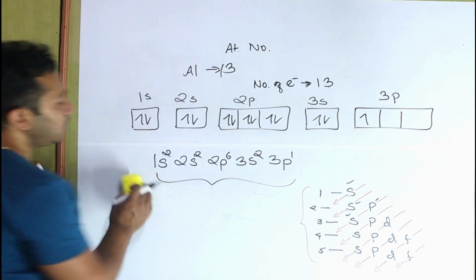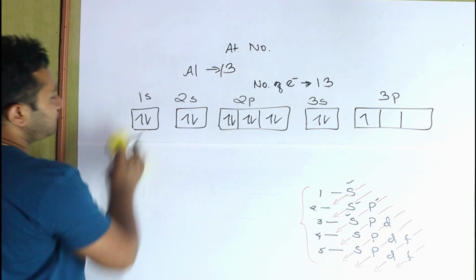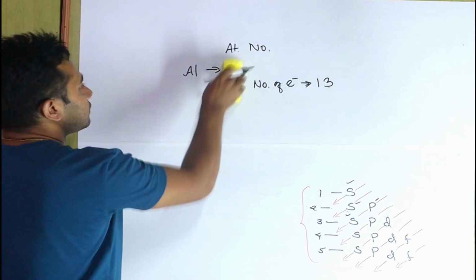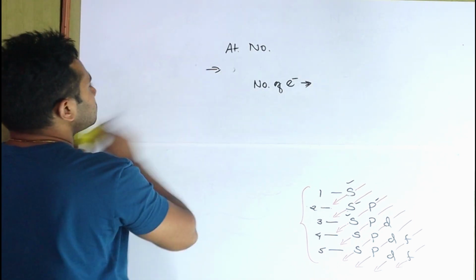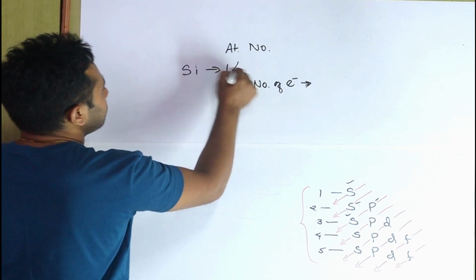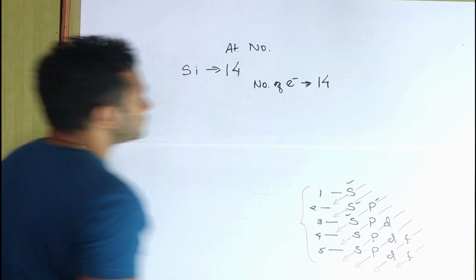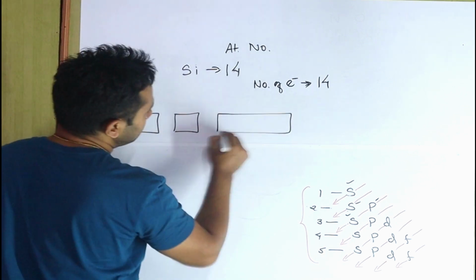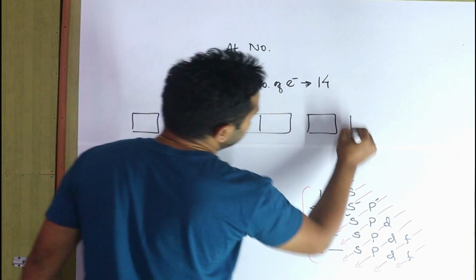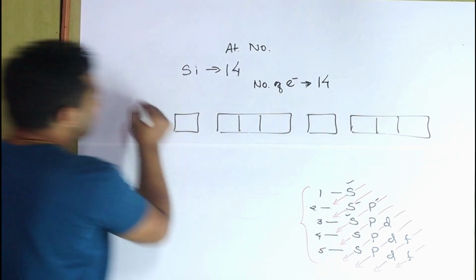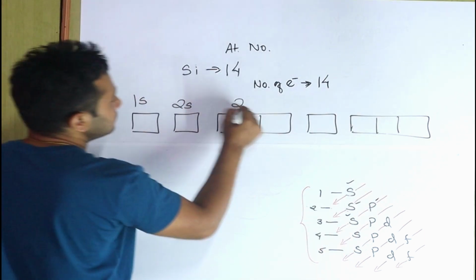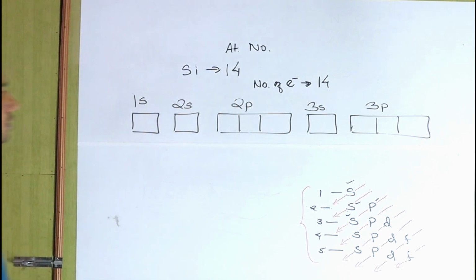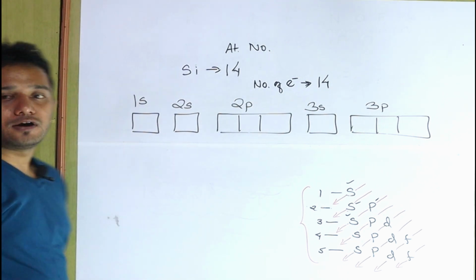So now we'll go for atomic number 14. Silicon. 14 electrons. So now I'll draw the orbitals again: 1s, 2s, 2p, 3s, 3p. So now these are the orbitals and there are 14 electrons.